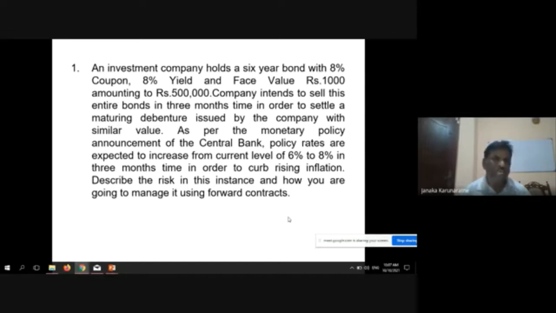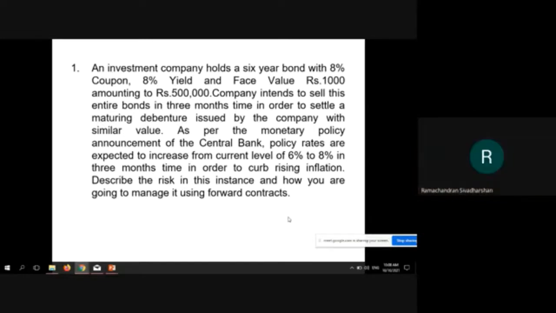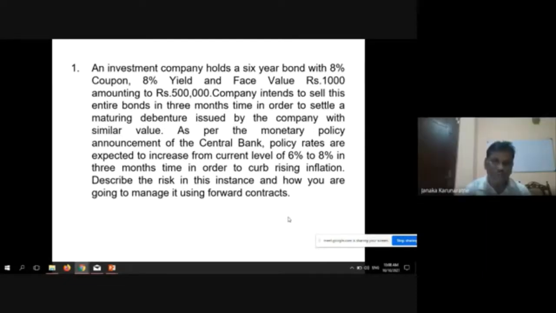Tell me. Now you are the risk manager. So here we are talking about a micro hedge. What is this micro hedge? Hedging against this bond. Micro hedge. Tell me, very easy. You know the instrument also.